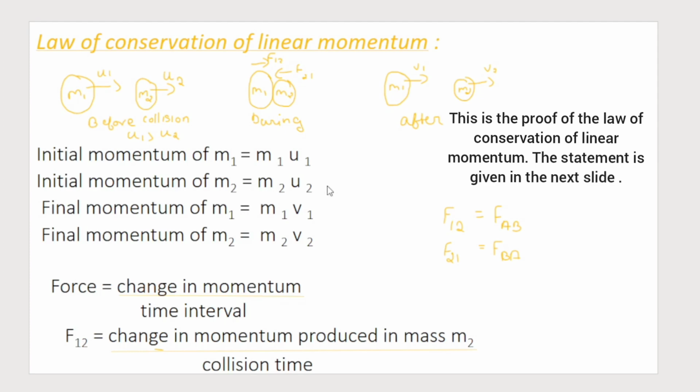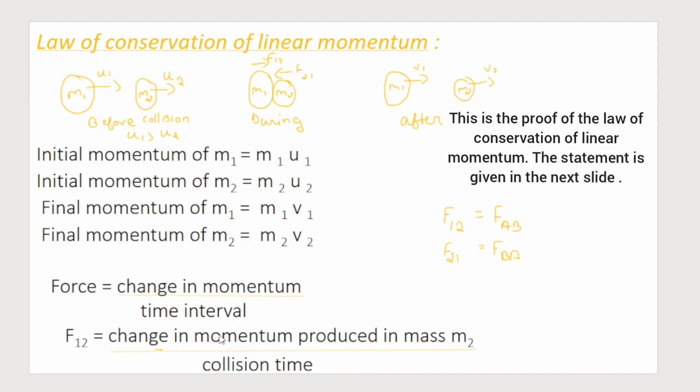Therefore, the initial momentum of m1 is equal to m1 u1. Initial momentum of m2 is equal to m2 u2. Final momentum of m1 is equal to m1 v1. And final momentum of m2 is equal to m2 v2. We know that force is equal to change in momentum by time interval. So F12 is equal to the change in momentum produced in mass m2 by the collision time.